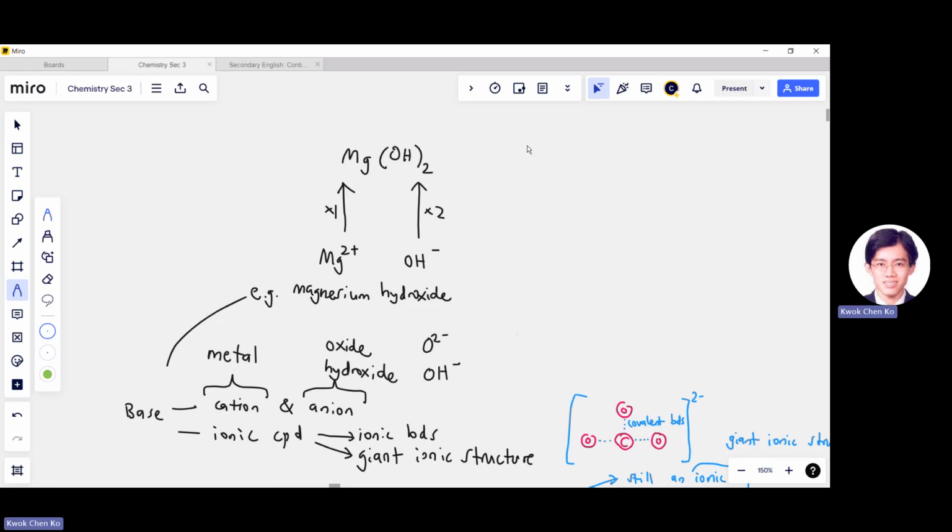So just to be very clear, let's say you manage to get a crystal of magnesium hydroxide. You can even see the crystal with your eyes. One large crystal.